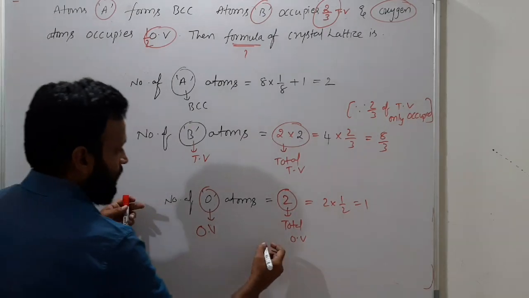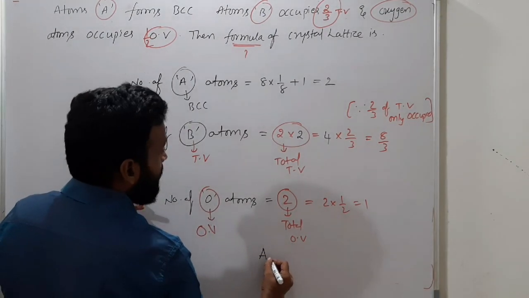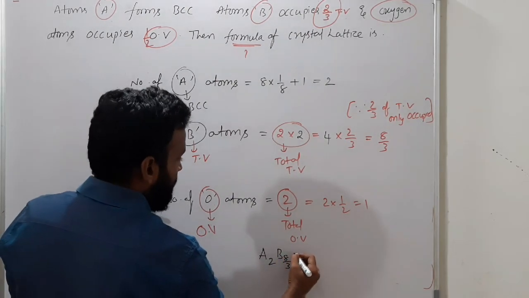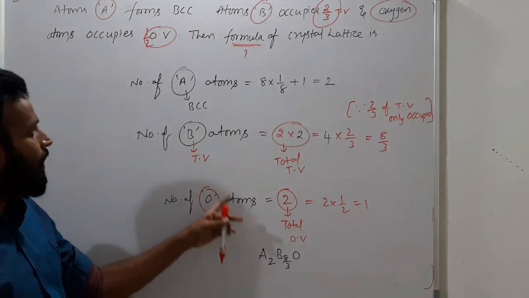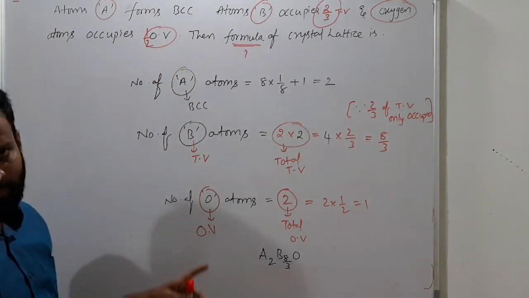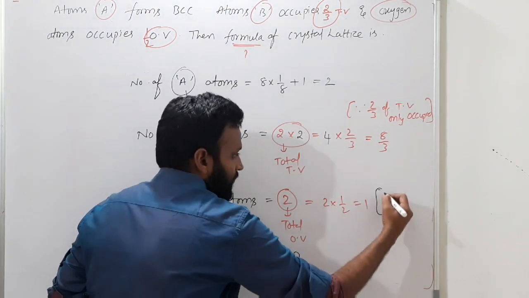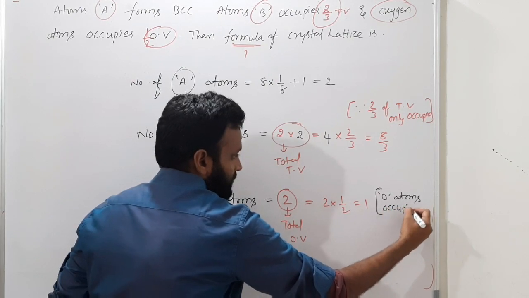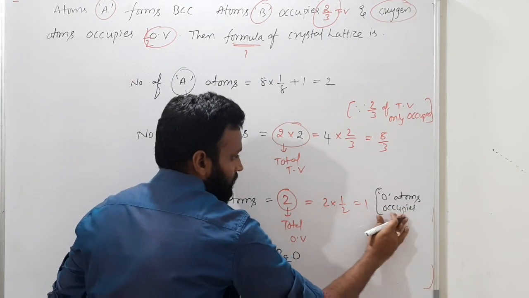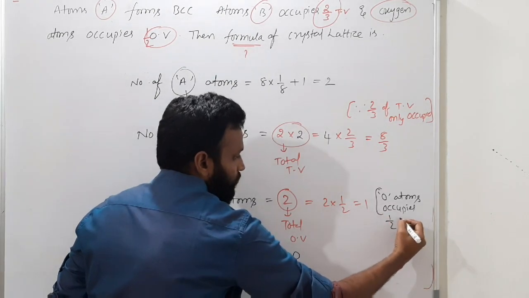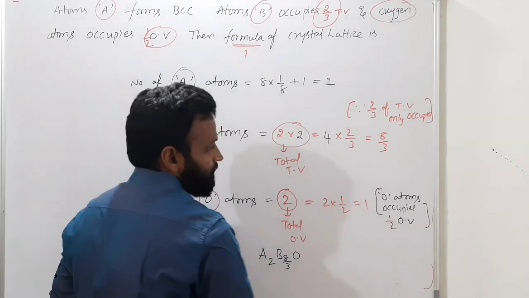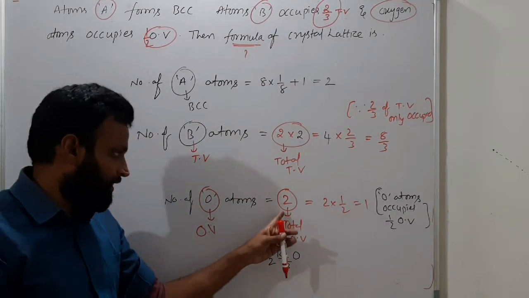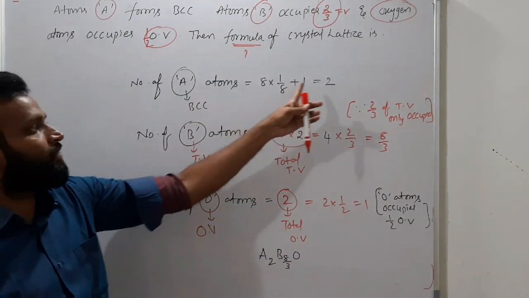So what is the formula? A2B8/3O. Oxygen atoms occupy only 1 by 2 of the octahedral voids, and the total octahedral voids are 2 because the effective number of atoms is 2.